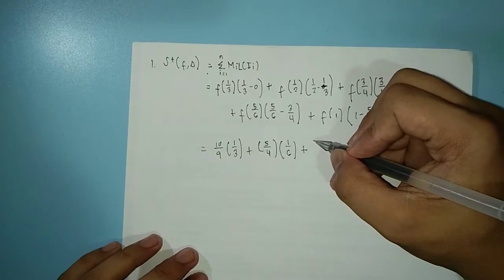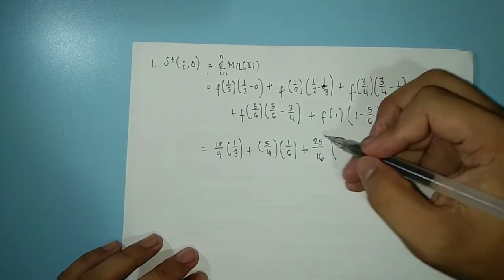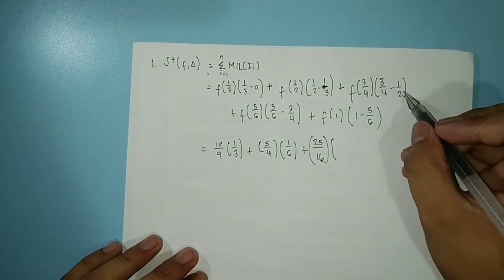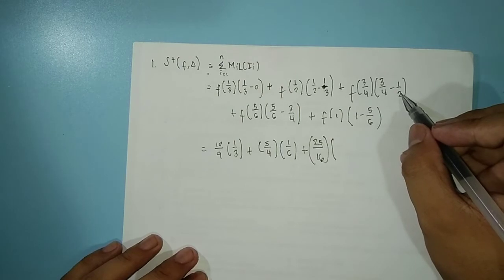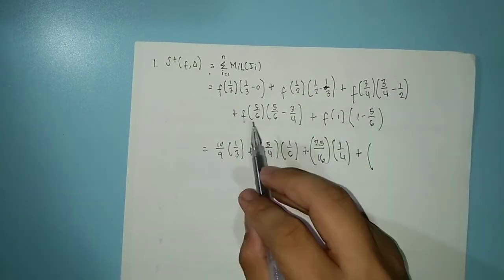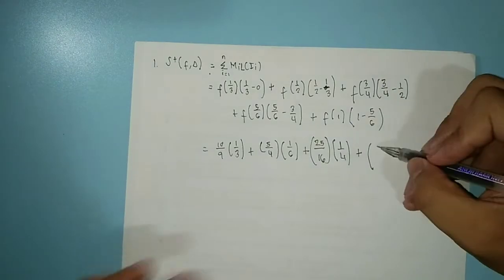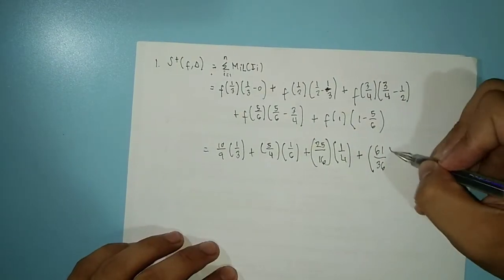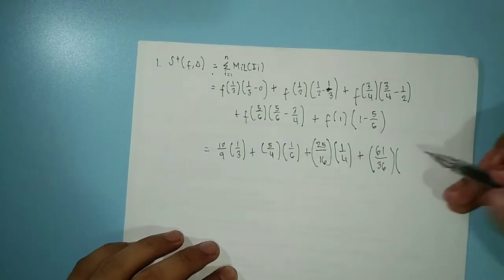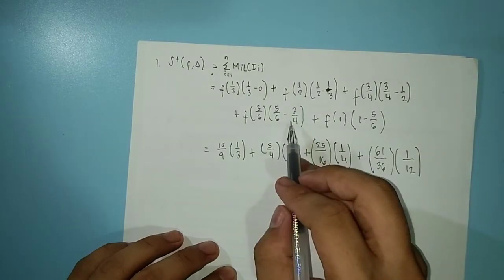So, 25 over 16 times 3/4 minus 1/2. So, what is 3/4 minus 1/2? That is 1/4, plus f of 5 over 6. So, f of 5 over 6, ito yon, 61 over 36, times, ano yung 5 over 6 minus 3/4? So, that is 1 over 12. So, i-calculate nyo na lang yan, no?